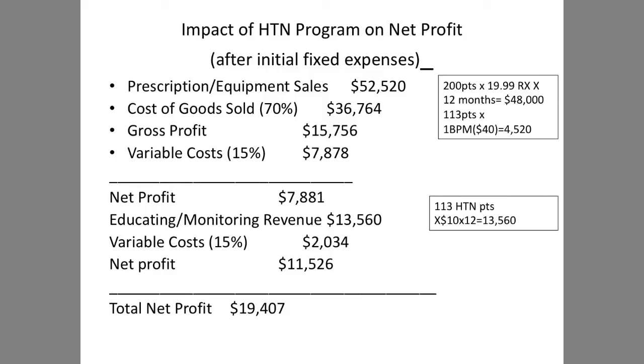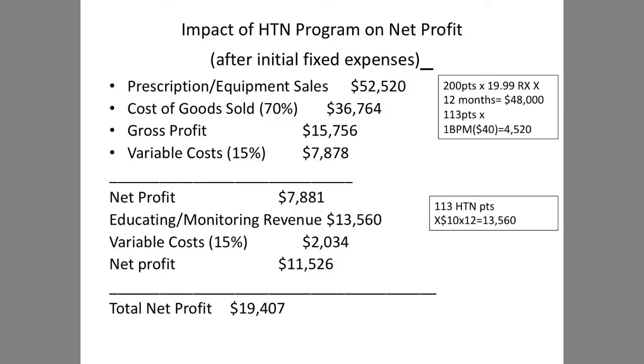Your gross profit is around 15,000. Now there's variable cost. There's the cost, as I said before, of your salaries for talking to the patients, the prescription vials, the labels, and education material you might provide. And so if you add the variable costs, our net profit is around 7,000.